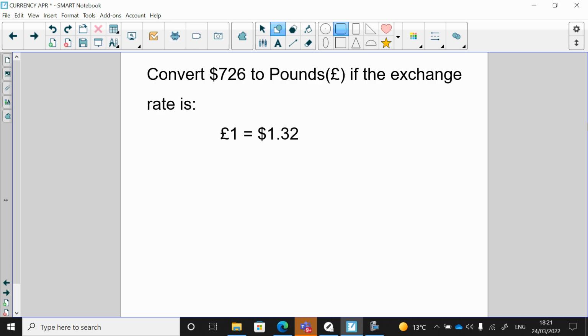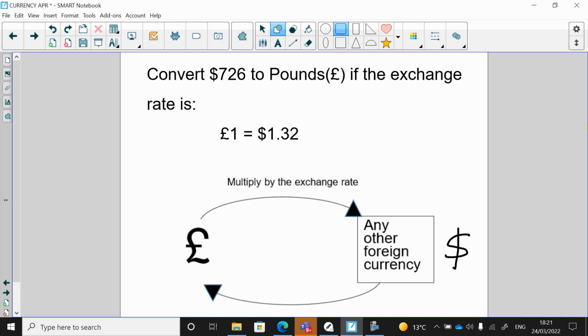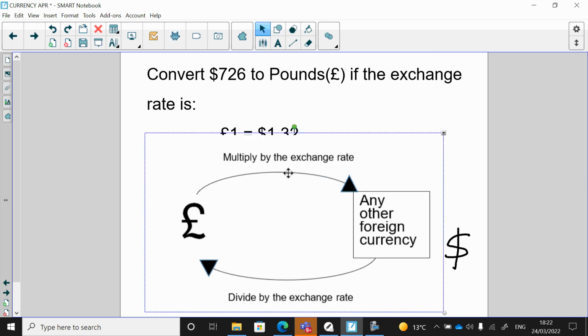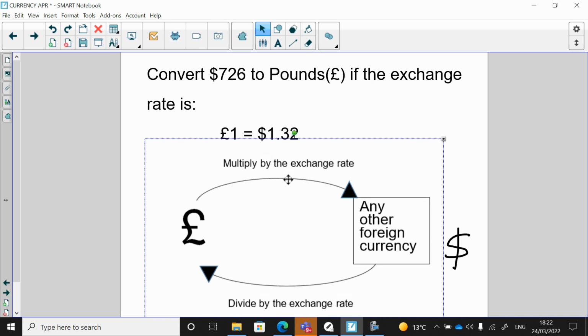So we're going to come back. Let's take these dollars and convert them into pounds. We've got the exchange rate, £1 to $1.32. But this time we're coming back the other way, so we need to divide. We need to divide by the exchange rate.